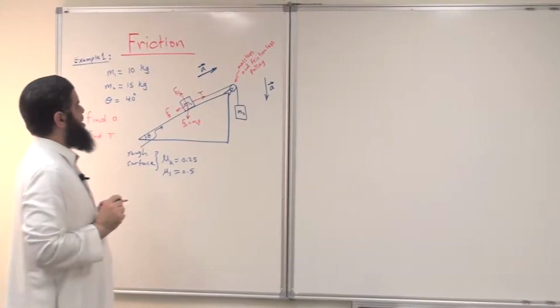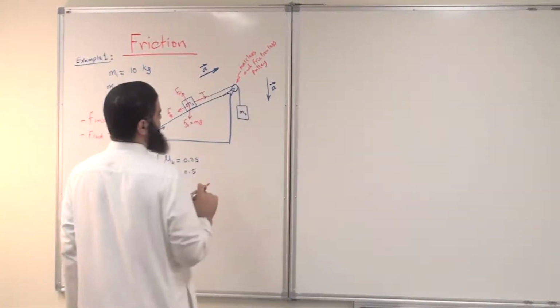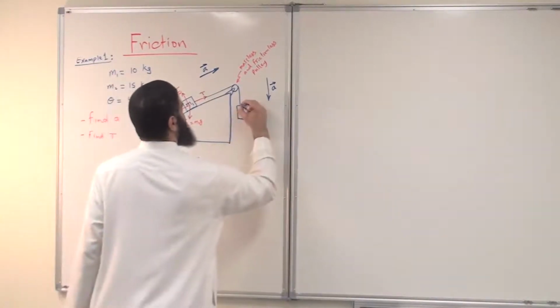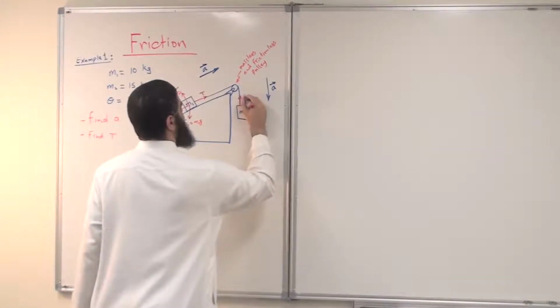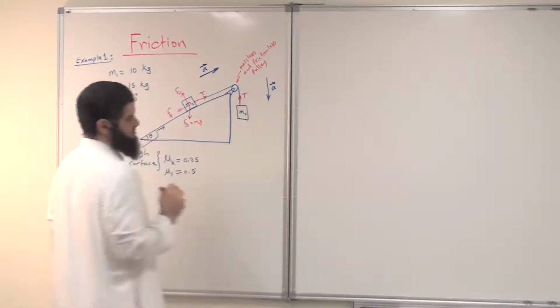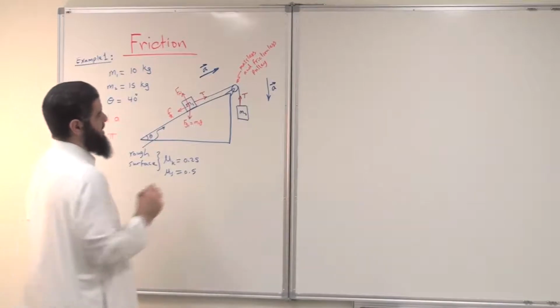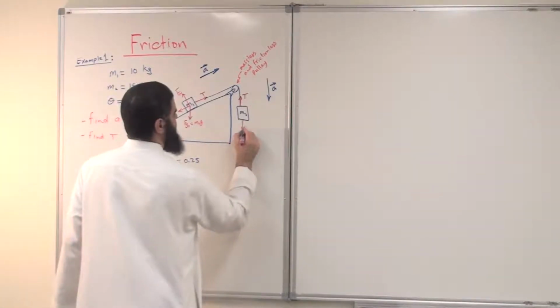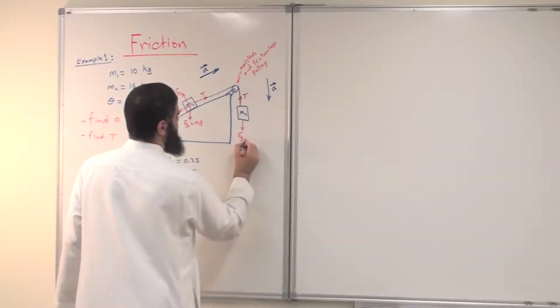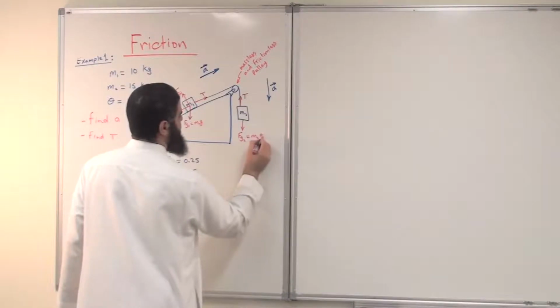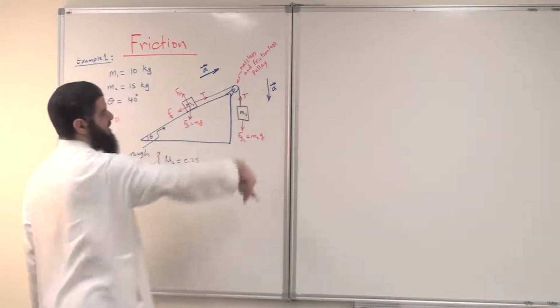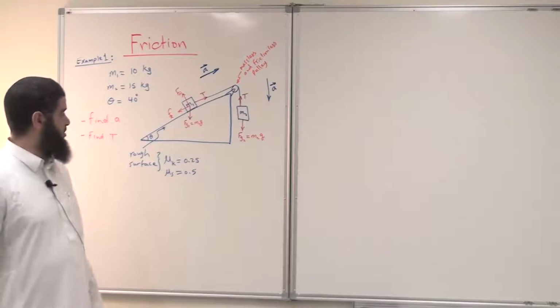For mass M2, again, the tension is always pulling the objects outward. And we have the gravitational force, which is Fg2 equals M2G, and the acceleration is downward.